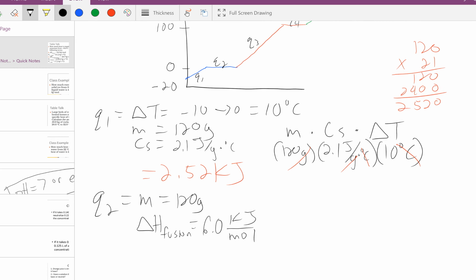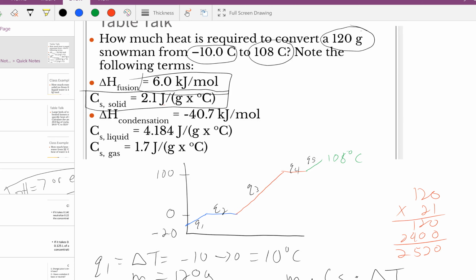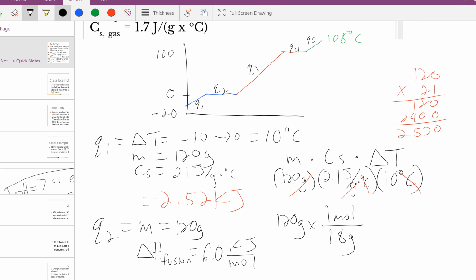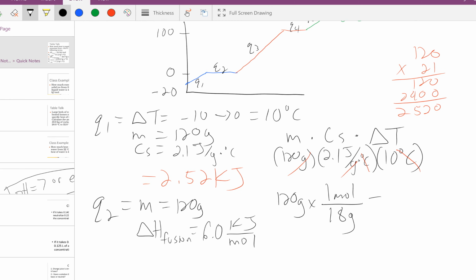So we're going to have to convert 120 grams of water. For every 1 mole, it's about 18 grams. I got that by doing H2O, which is 2 plus 16, 18 grams per mole is the molar mass. And I'm going to end up with 120 divided by 18, which is exactly 6 2/3 or 6.66 moles.